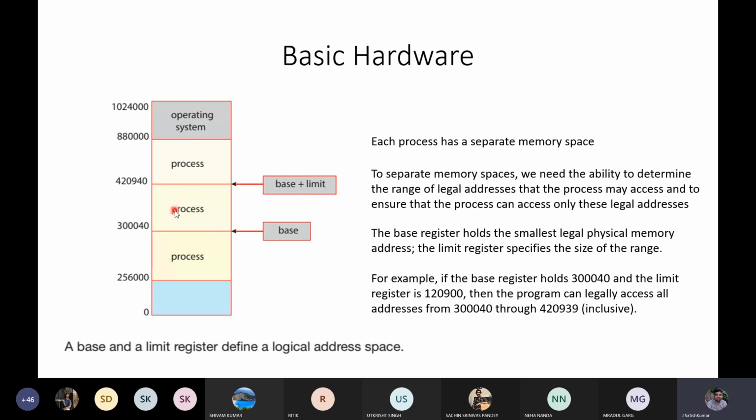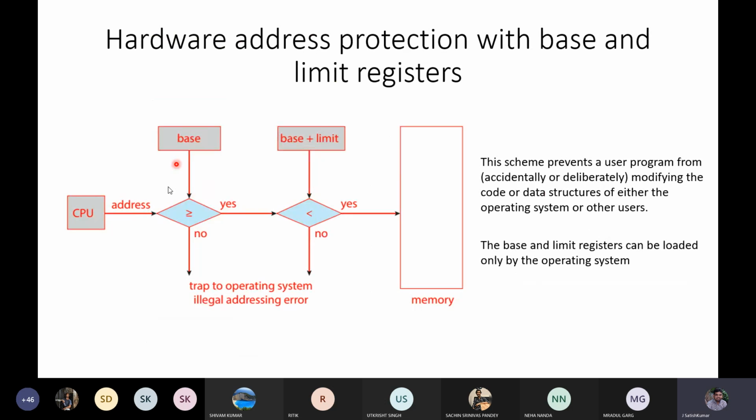If the CPU is trying to access and manipulate a memory location for this process, that address should be greater than or equal to base and less than or equal to base plus limit. We have to verify this. Base should be greater than or equal to, then only yes, and it should be less than or equal to base plus limit. If either of these conditions fails, if it is no, then there is an illegal addressing error.